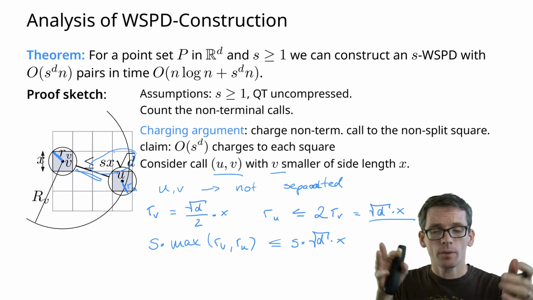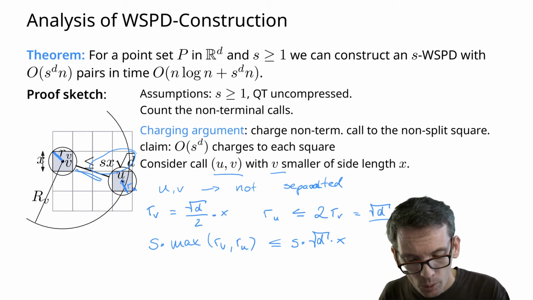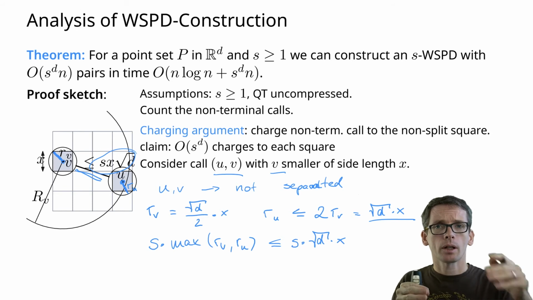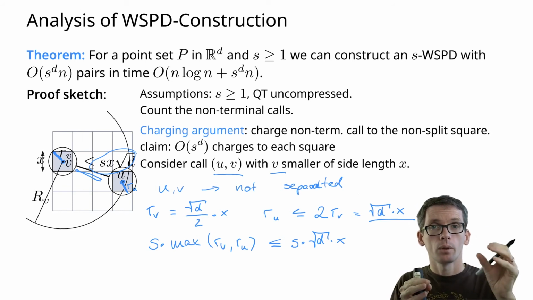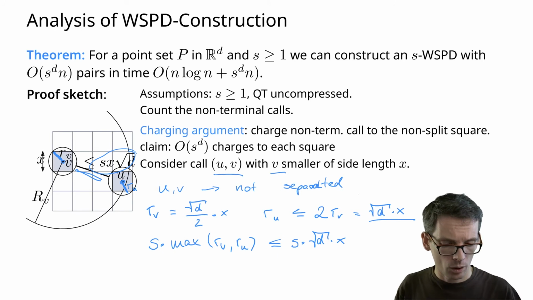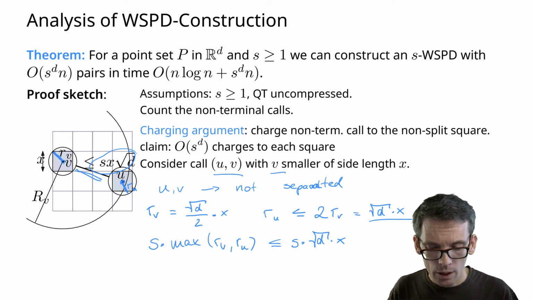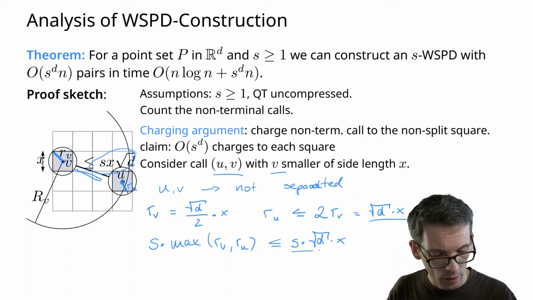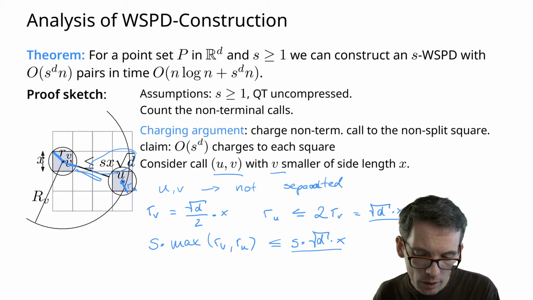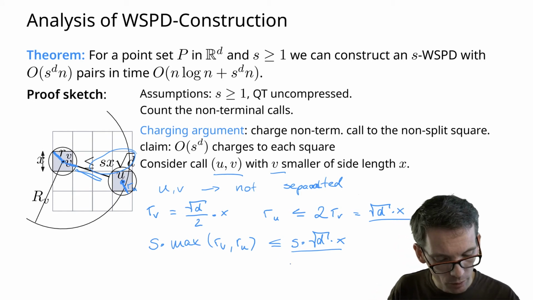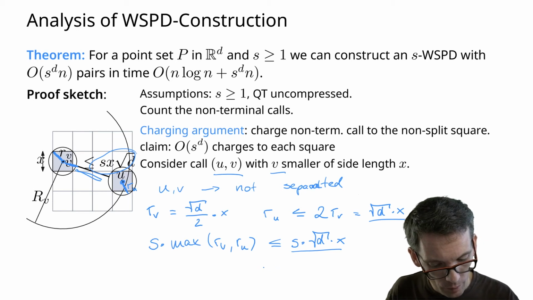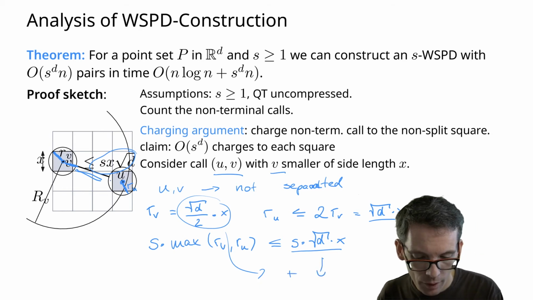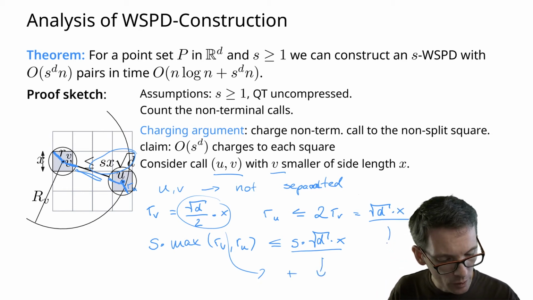Okay, now I want to say something about the distance between the center of U and the center of V, because then I will argue that there can be at most that number of squares with a center inside a certain radius. So what is the distance between the centers of U and V at most? That is this distance here plus at most the radius of V, plus this value here.